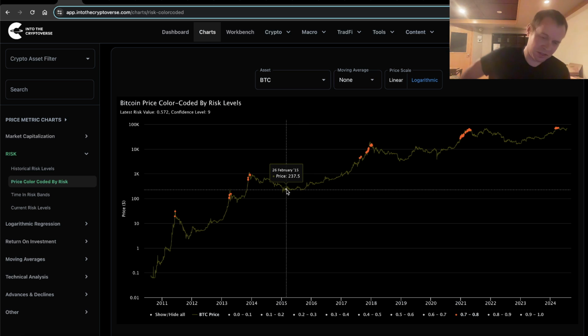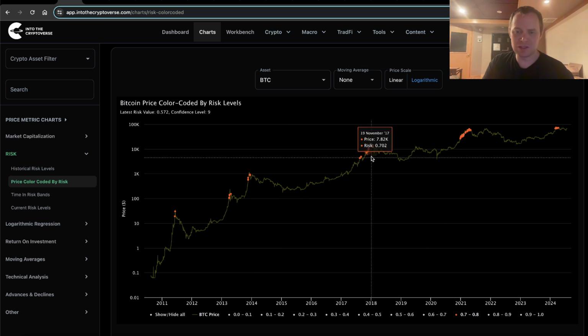Which is kind of interesting because that would then correspond to 2025, which is not typically a year that you would necessarily expect Bitcoin to drop, considering that the last three major peaks occurred in post halving years.